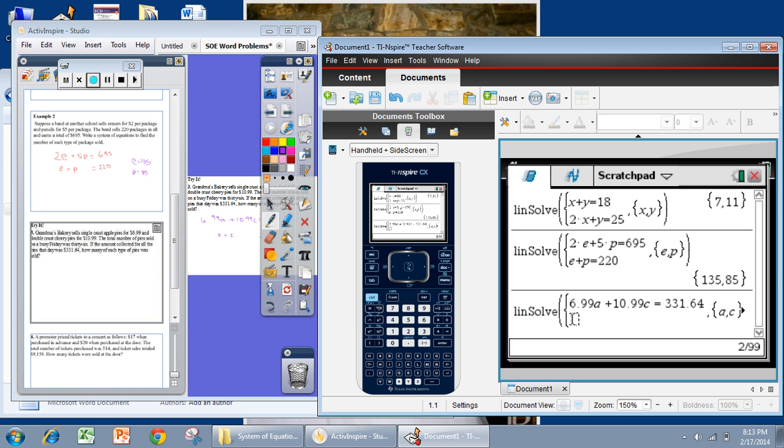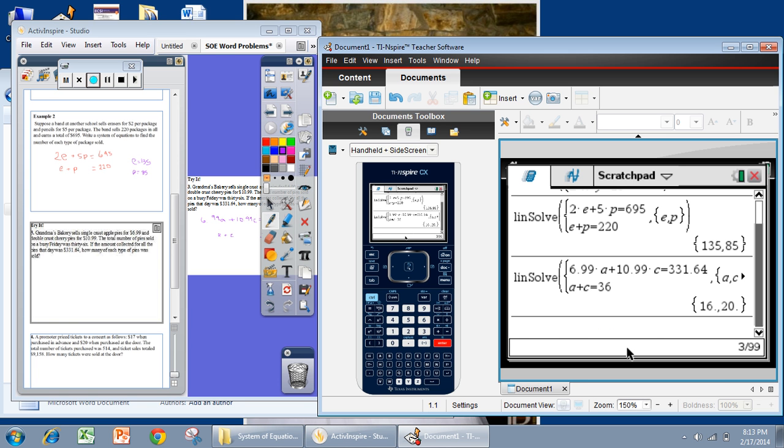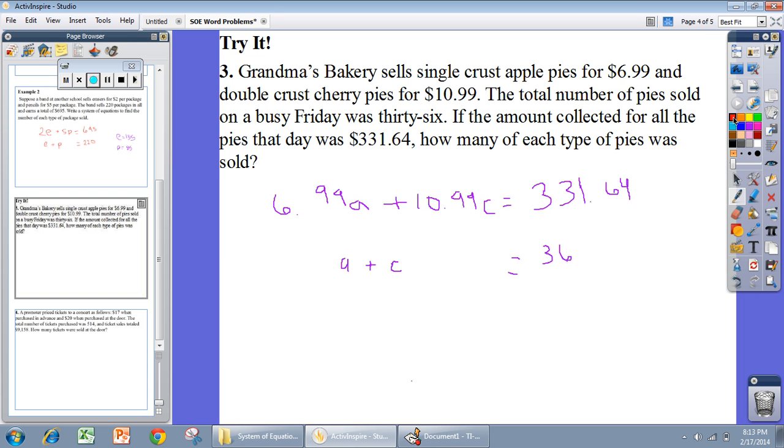And then our next equation, apple pie plus cherry pie equals 36 pies total that we sold. Enter. So we sold 16 apples and 20 cherries. Beautiful. We have one more that we are going to go through.